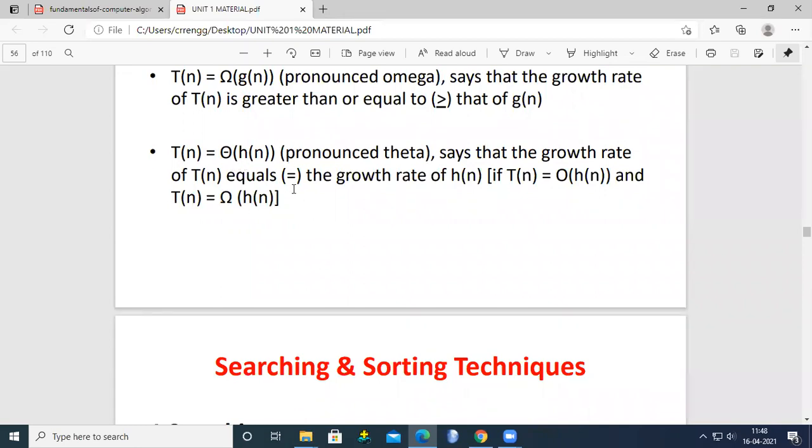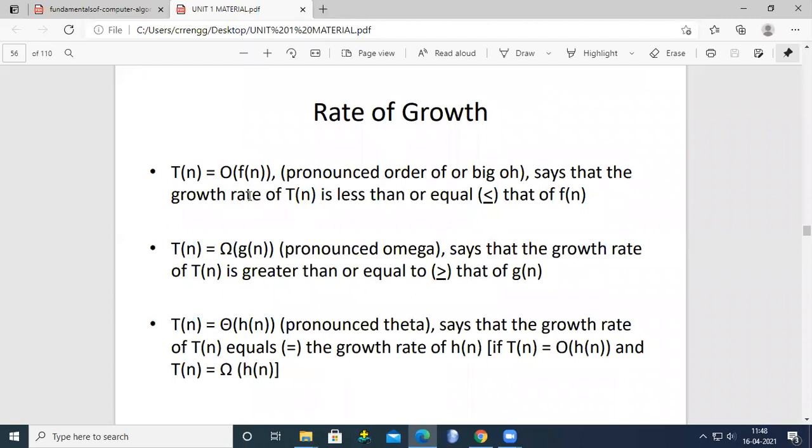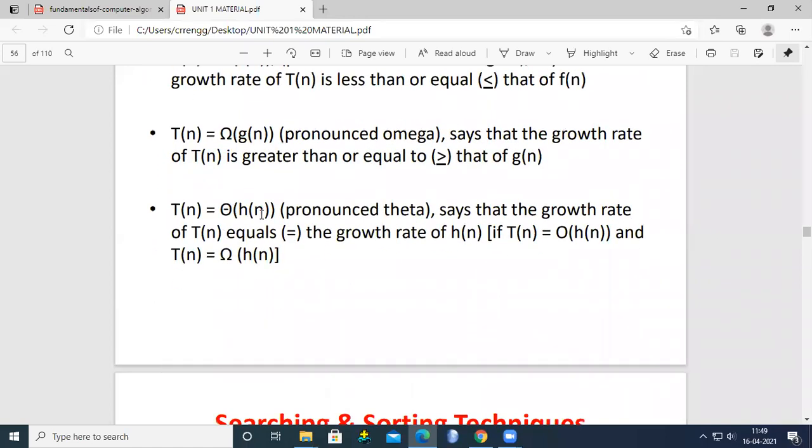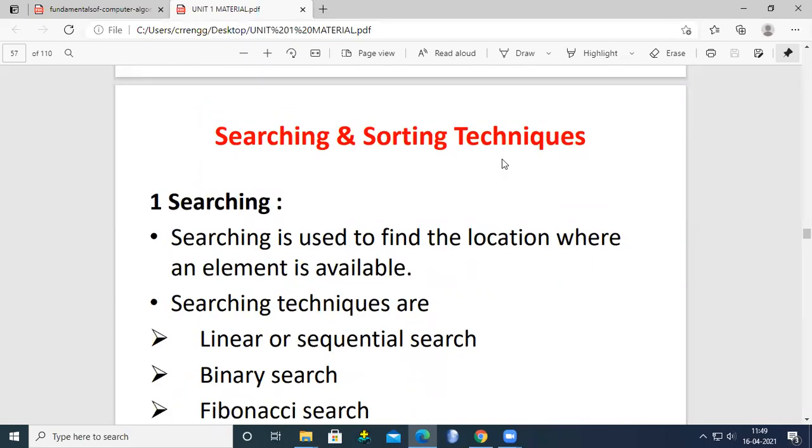Now compare these three. In big O notation, we take less than or equal to f of n. In omega notation, we take greater than or equal to g of n. In theta of h of n notation, it is in between the big O and omega values, the medium values.